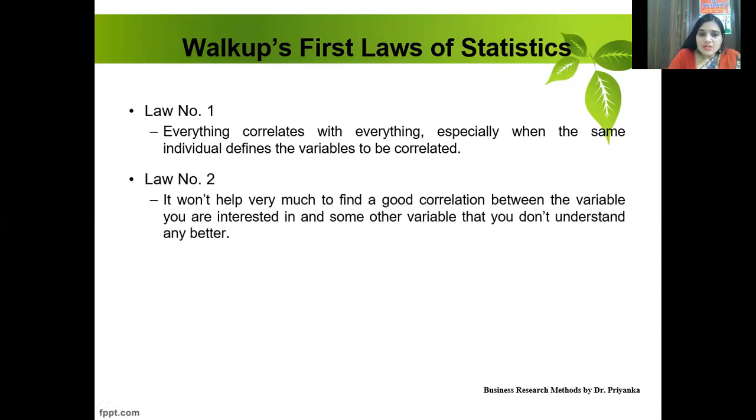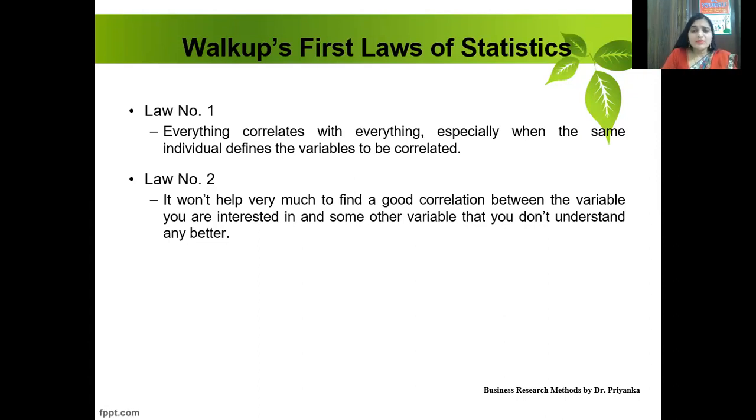Then the second law is, it won't help very much to find a good correlation between the variable you are interested in and some other variable that you don't understand any better. If you want to prove a correlation between variables, and there is a variable which you do not understand much, then it is a kind of waste of exercise.